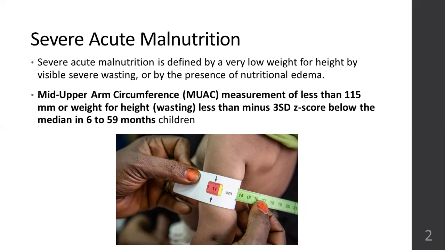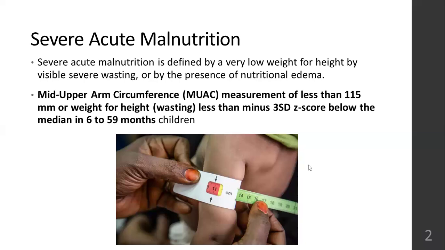To check mid upper arm circumference, you first find the length of the area from the child's shoulder to the elbow, divided by 2, so that you find the midpoint. At that midpoint, you place a tape. You can use a simple measuring tape as well.